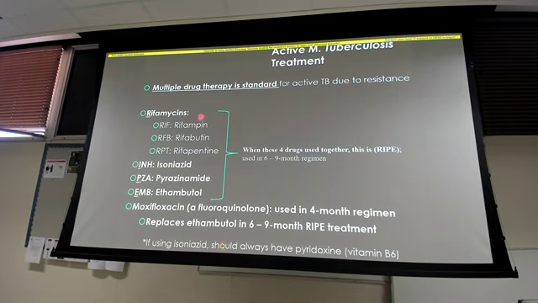So when you're looking at this, you're saying, hey, if I have my moxifloxacin on, you're not going to see me with my ethambutol. So that's why I put this here. Your moxie is replacing your ethambutol in that RIPE. So instead of having RIPE, you have RIPM for your short course, for your 4-month.